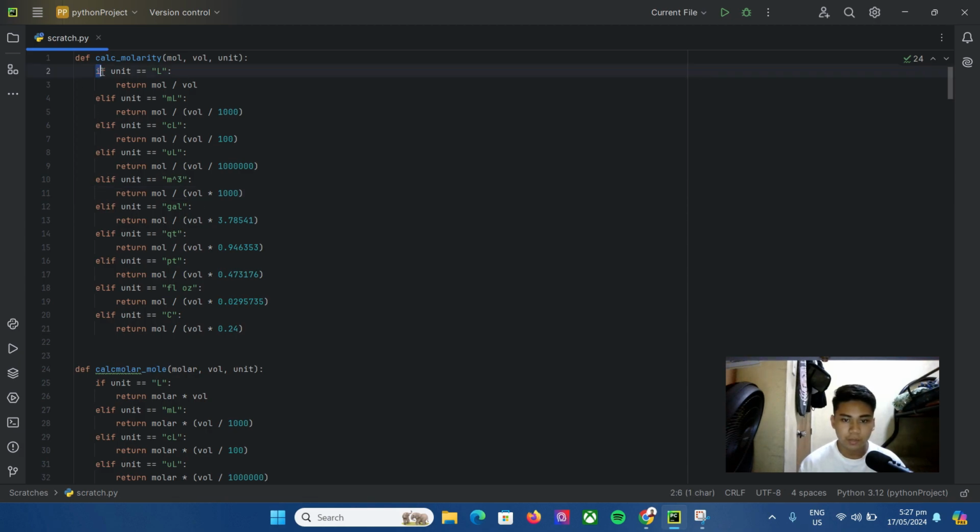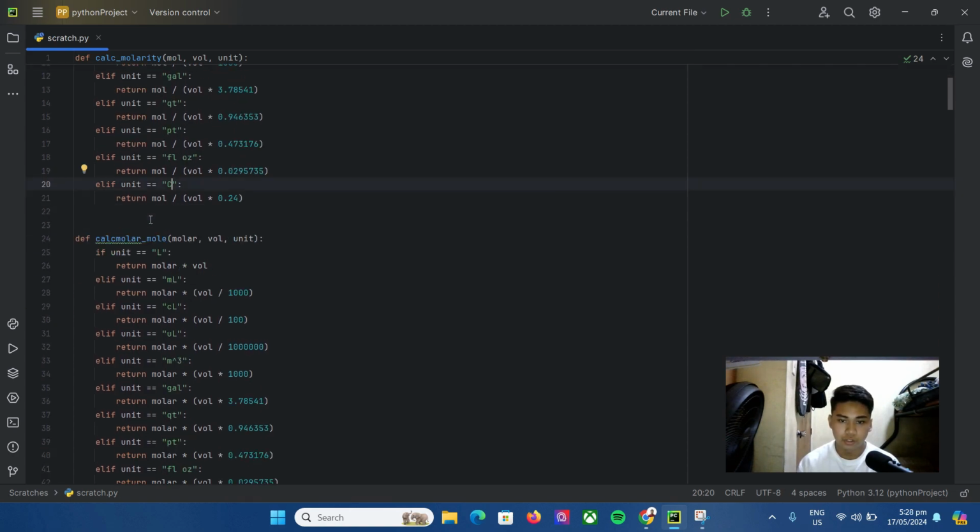The conditional statements were used to direct the program's flow based on certain conditions. These statements execute different blocks of code depending on the truth value of the conditions. For example, in functions like calcmolarity and calcmolality, conditional statements check the unit of measurement and apply appropriate conversions.